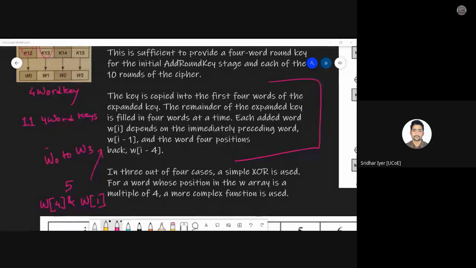Am I clear? So basically there will be a function in which the value of W will depend on wi minus 1 and wi minus 4. So if we consider the value of i as 5, it will be a combination of W4 and W1. Yes or no? Kindly let me know.